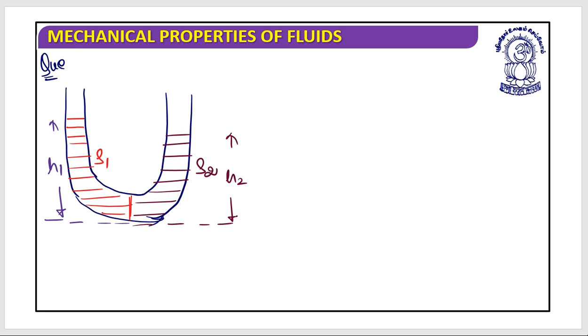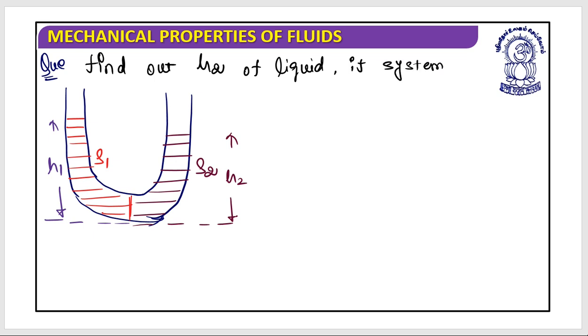So if they ask me to find out h2 of the liquid if the system is in equilibrium, even if this is not being given, the system by itself is in equilibrium if it is not in motion.